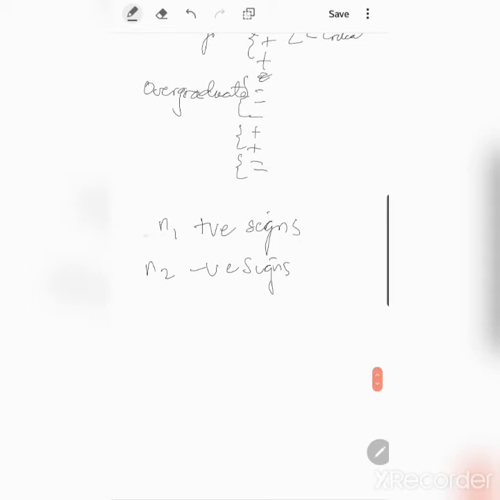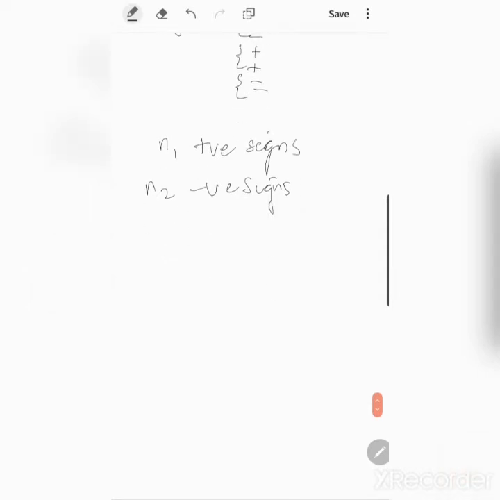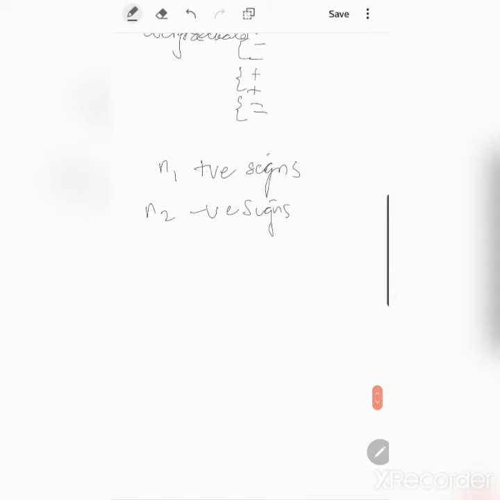So the total is n1 plus n2 deviations that are there.